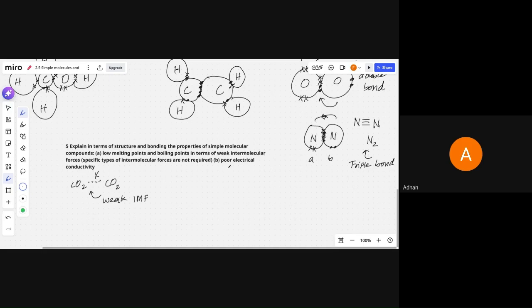And similarly, poor electrical conductivity, because electrical conductivity arises when there are electrons present which are delocalized, which are free to move, right? Which are not associated with any atoms. We will study this in more detail in metallic bonding, where the electrons become delocalized, and they start conducting electricity because they are free to move.